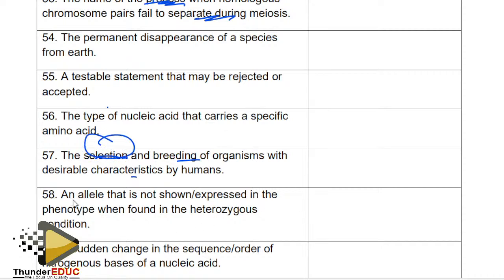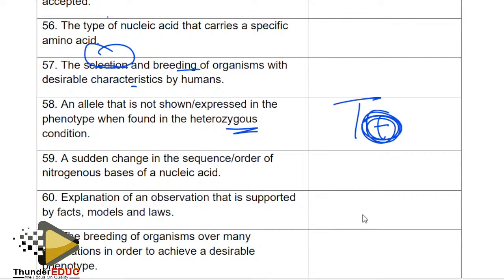An allele that is not expressed in the phenotype when found in the heterozygous state, for example capital T small t, this allele that we are talking about, you call it a recessive allele. A sudden change in the sequence of the nitrogenous bases of the nucleic acid, we call it gene mutation.